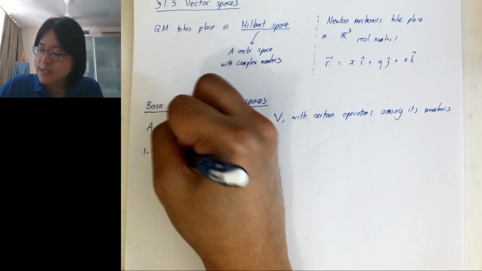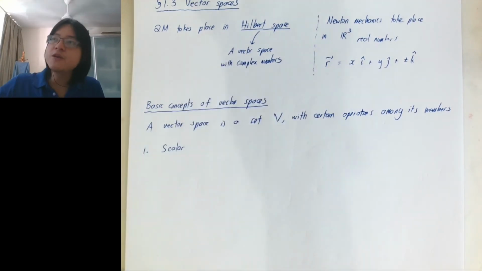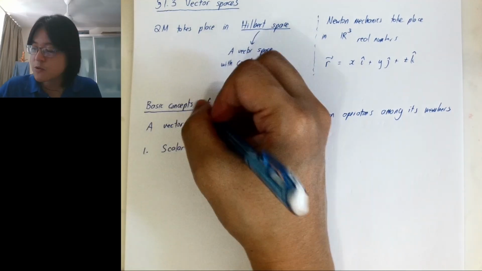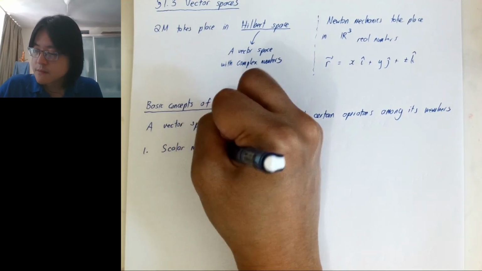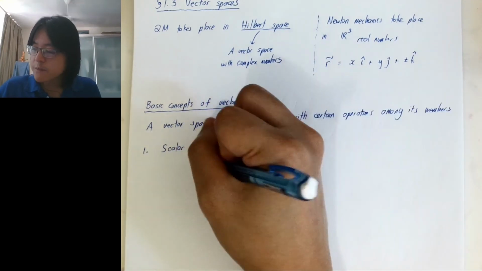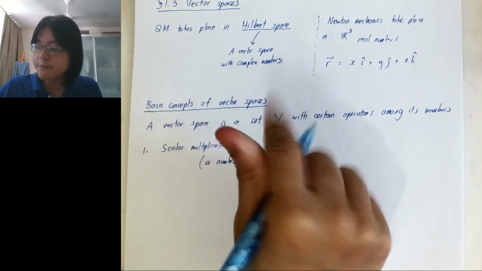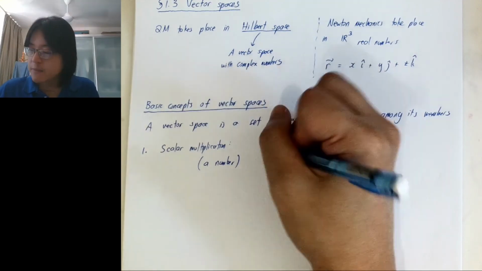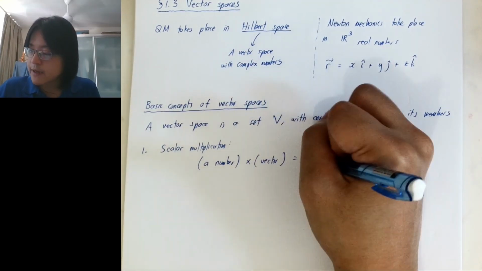The first one is, I think, very common and familiar to everyone: if you take a vector, you can multiply it by a number, right? So you need to have scalar multiplication. In particular, you have just a number, which can be a real number or a complex number, and if you multiply a vector by it, you get another vector.